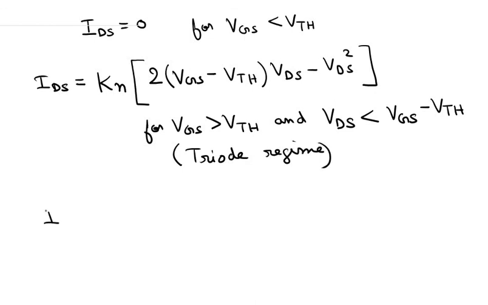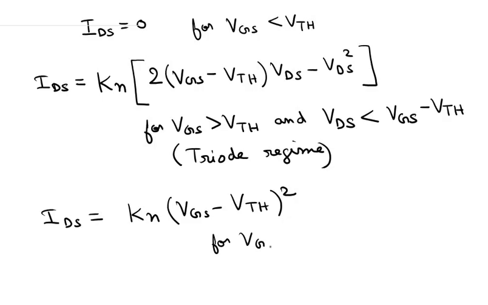and IDS is basically equal to Kn (VGS minus VTH) square once we reach the saturation regime, that is for VGS greater than VTH and VDS greater than or equal to VGS minus VTH.